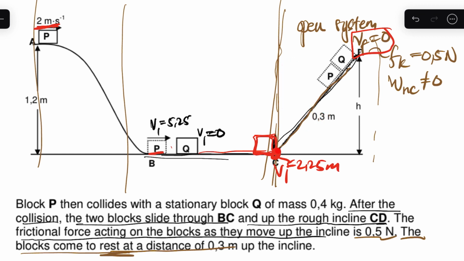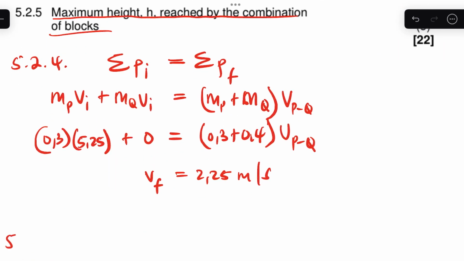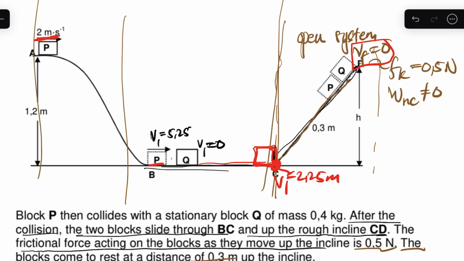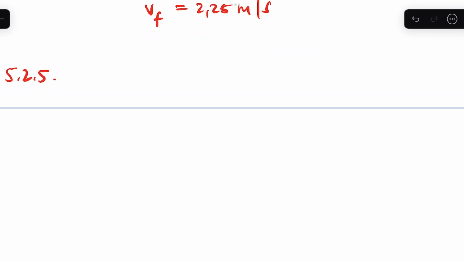And the velocity decreases and reaches 0 at that point. So now, 5.2.5, what is needed is the height. So to do that, guys, remember this is an open system. So in an open system, you can't use the conservation of mechanical energy. So before we use anything else, guys, I'll use the work energy theorem. The net work done is equal to the change in EK.